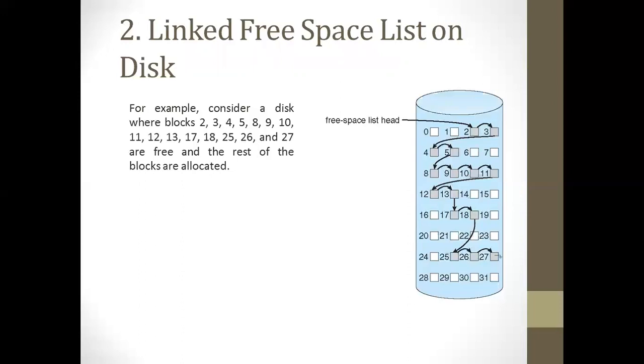Block 2 would contain the pointer to block 3, block 3 would contain the pointer to block 4, block 4 would contain the pointer to block 5, block 5 would contain the pointer to block 8, and so on. During creation of a file, the search for space on the disk starts from the free space list at block 2.